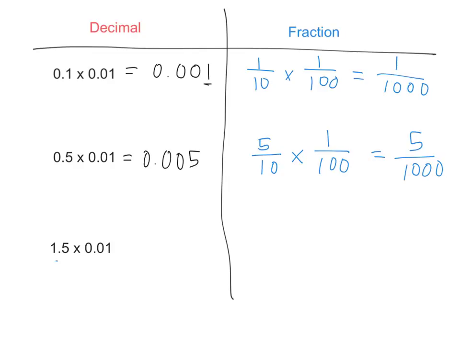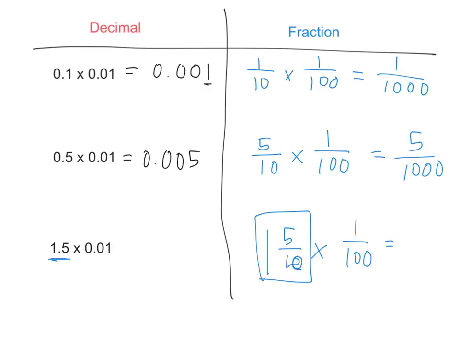Oh, let's try this last one. This is a little trickier. How do I write this as a fraction? 1 5/10. Good. Times, what do I have here? 1/100. Okay. Now, can I multiply this, or do I need to change something to an improper fraction? Yeah. I need to change 1 5/10 into an improper fraction.